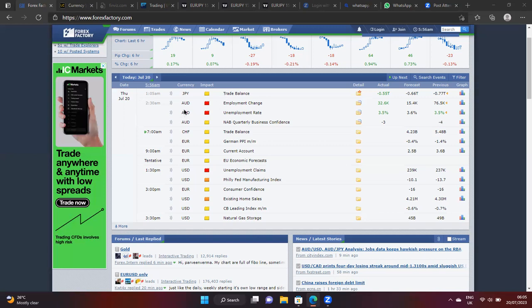Now, looking at AUD, this AUD has a negative impact. How do you know that? First, it comes with a red box. Red is always negative. So whenever you see a currency with a red flag on it, it has negative news which can affect that currency at that time.